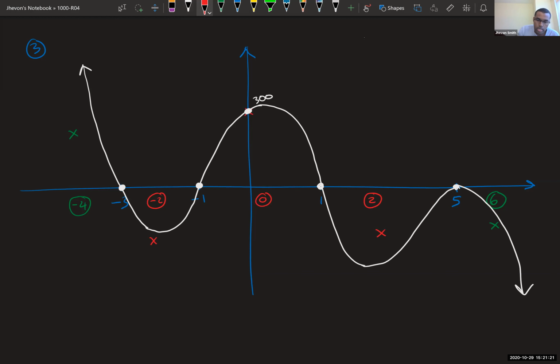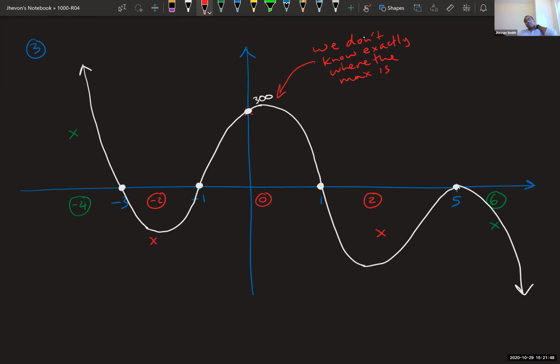Now, it is worth mentioning here, we don't know exactly where the maximum is. Right? Is the peak on the y-axis, or is it a little bit to the right or a little bit to the left? We won't know.